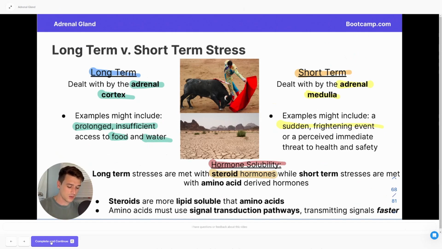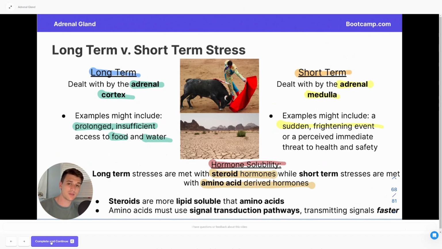On the other hand, amino acid-derived hormones share the polarity issue with peptide hormones. They are incapable of crossing cell membranes themselves and must interact with a receptor on the extracellular environment in order to kick off a signal transduction pathway on the inside of the cell. And this makes amino acid-derived hormones lipophobic and not lipid-soluble. And it is this discrepancy in solubility that causes one set of hormones to be selected for one role and the other to be selected for a different role.